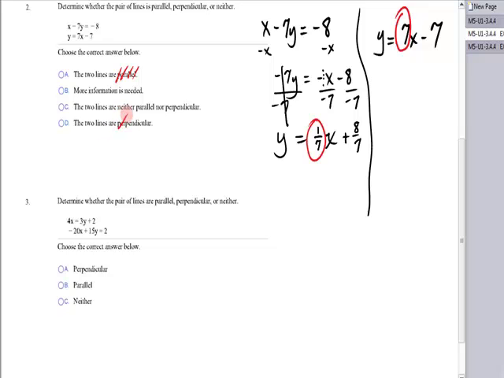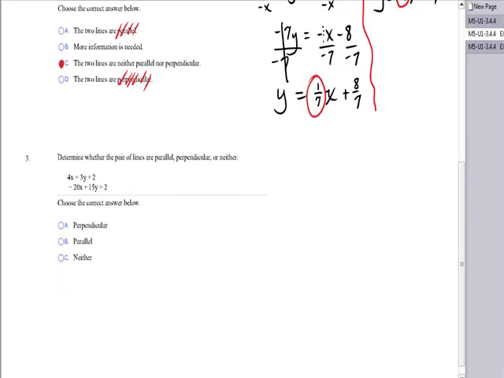They are not perpendicular because they're not opposites. We know that they are neither one. They are neither parallel nor perpendicular. I've got enough information. They are reciprocals, but they're not opposites, so they are not parallel, they are not perpendicular.